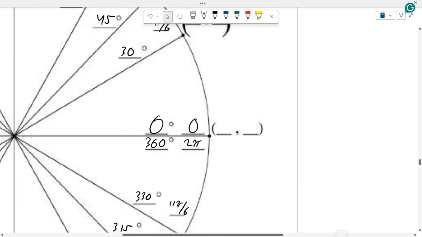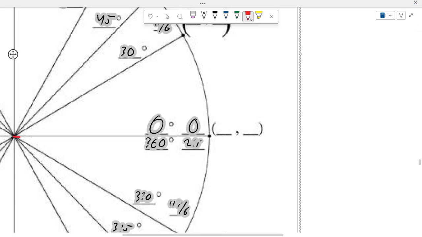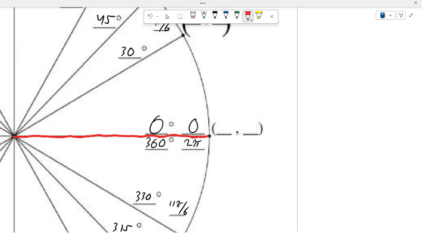So at this angle, if you think about the choices that we have, well, the unit circle, by definition, has a radius of 1. Which means, and I'll make this kind of a thicker line so it stands out, if I start at the center and I go all the way out here and I stop here, by definition, the unit circle has a radius of 1.